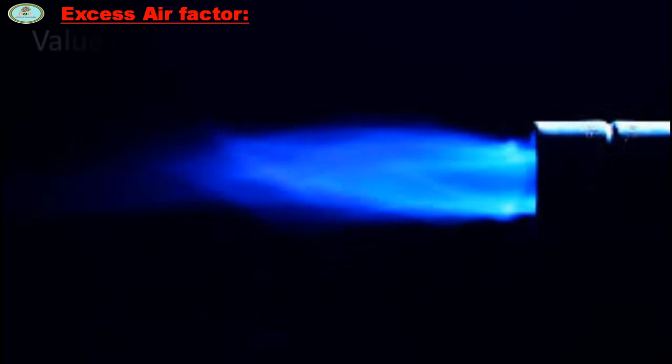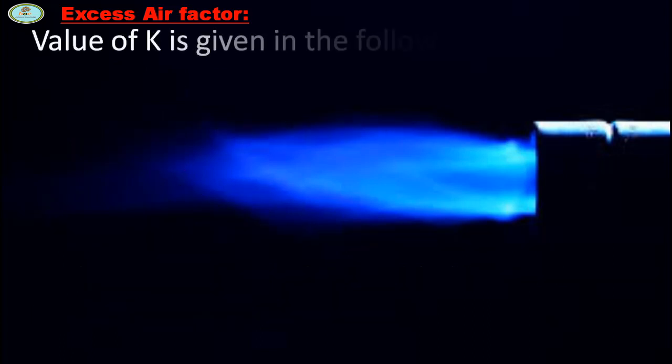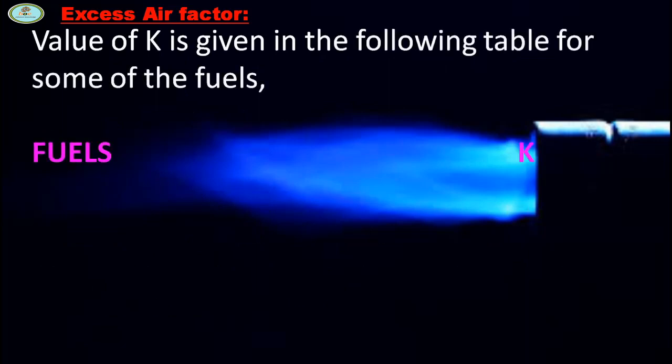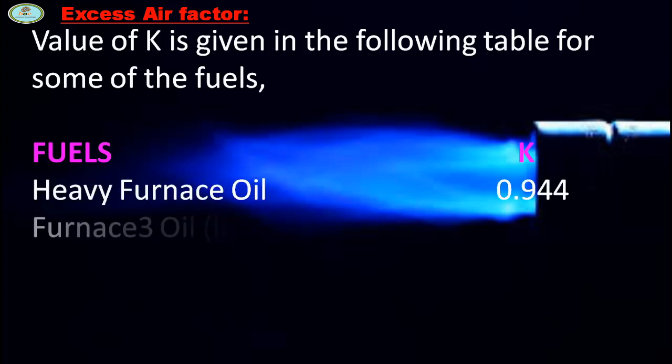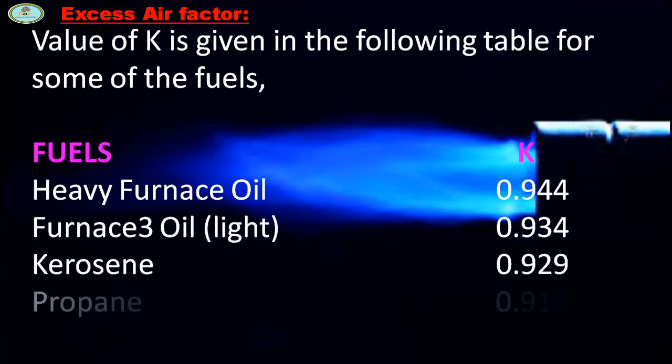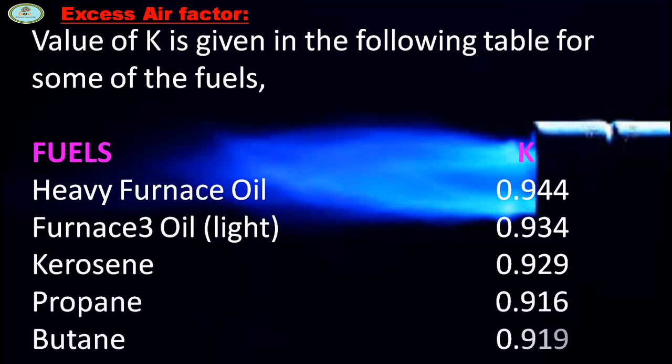The value of K is given in the following table for some of the fuels. Heavy furnace oil 0.944, furnace oil 0.934, kerosene 0.929, propane 0.916, butane 0.919.